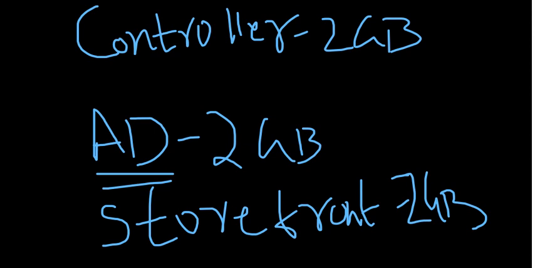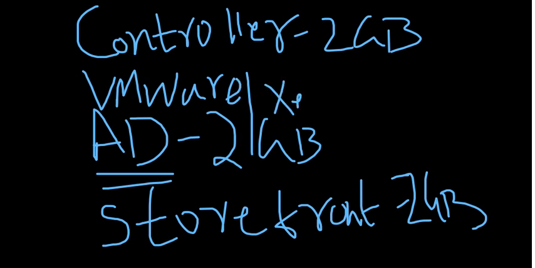Otherwise, in a real-time environment, Director may have a separate server. So controller 2 GB, AD 2 GB, StoreFront 2 GB, and let us have a VMware server virtualization environment, VMware or Zen server, whatever it is.